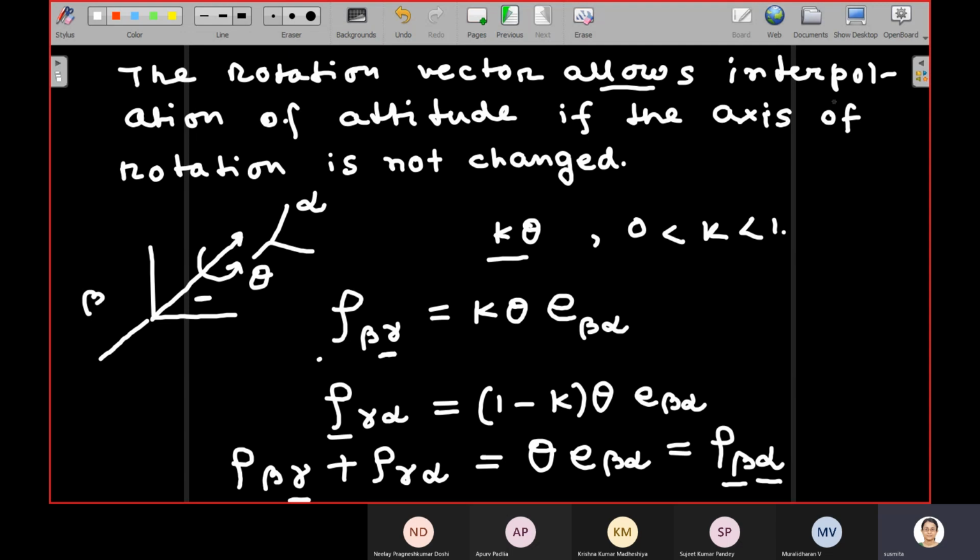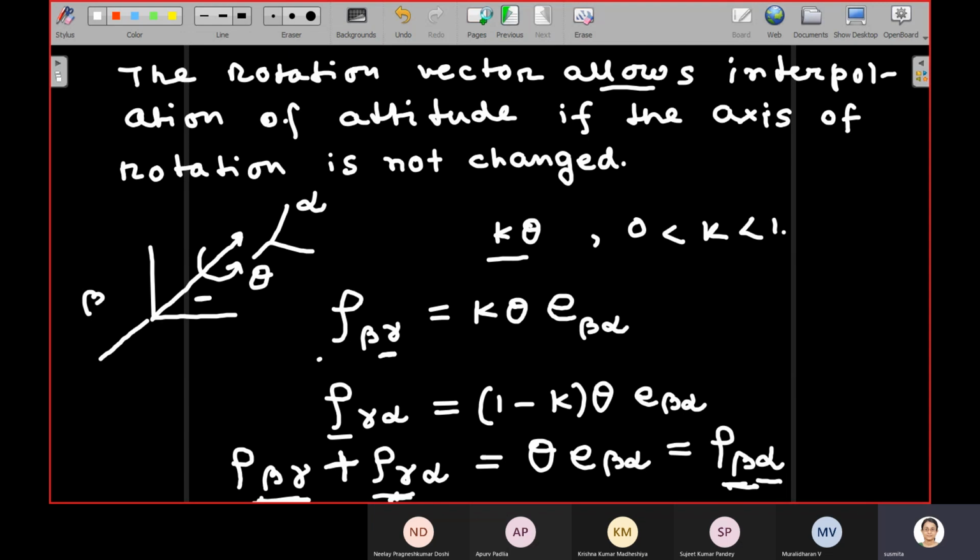But you cannot do this addition if the axis of rotation is changed. The addition is allowed when we have collinear rotation vectors. So these two vectors, they are collinear actually, same axis of rotation. But if we have two non-collinear rotation vectors, then we cannot do addition. Then we don't think that this will give this vector.